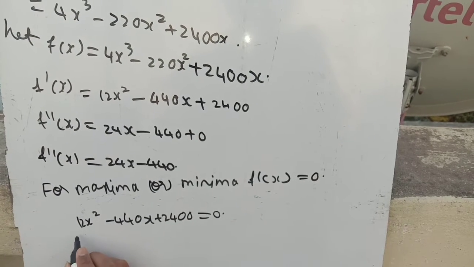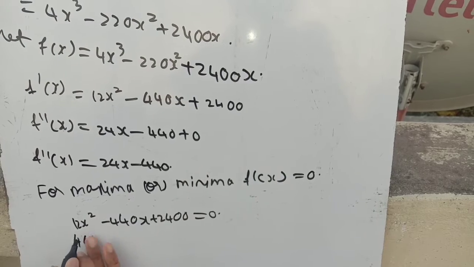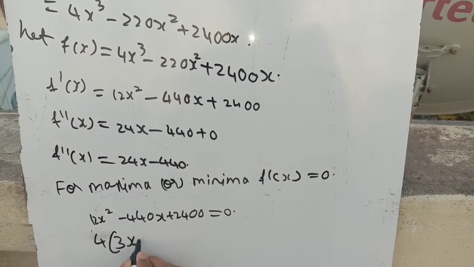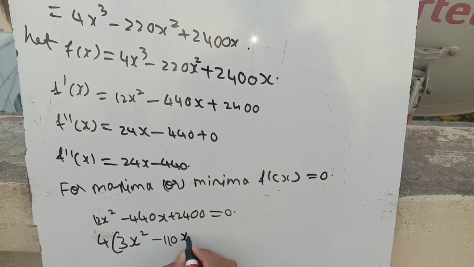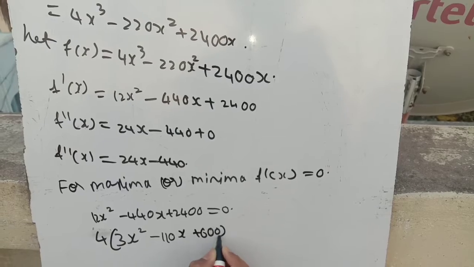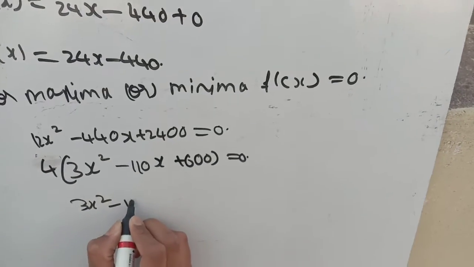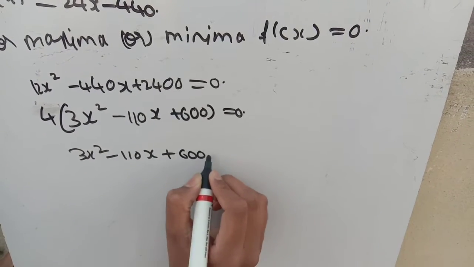Now taking 4 common, 4 of 3x square minus 110x plus 600 is equal to 0. So 3x square minus 110x plus 600 is equal to 0.